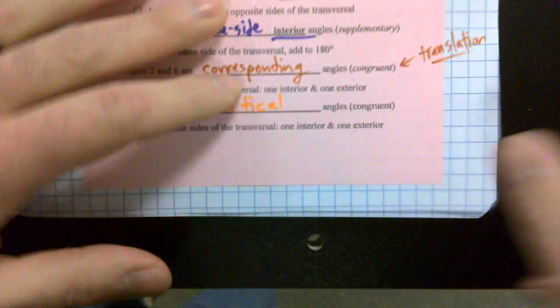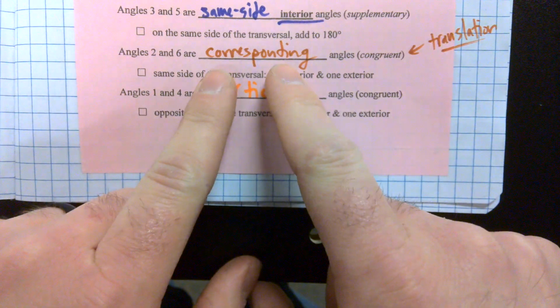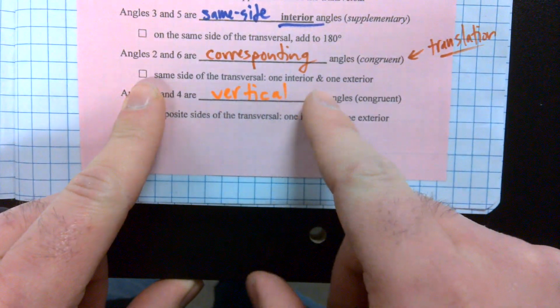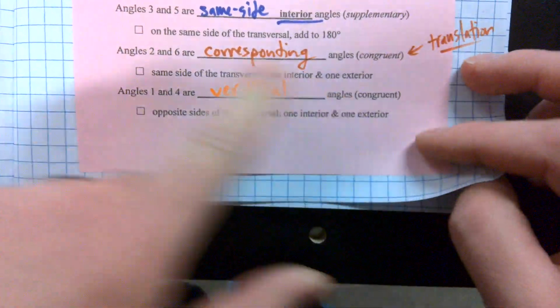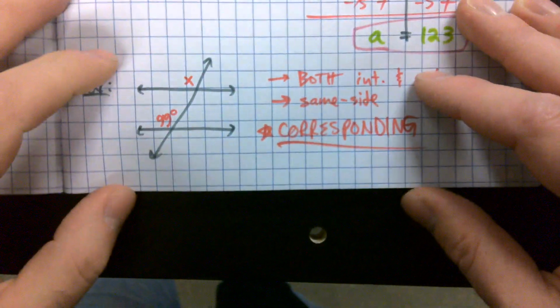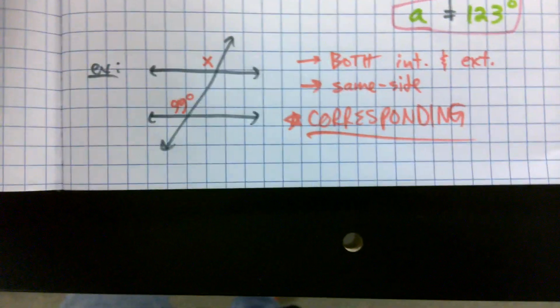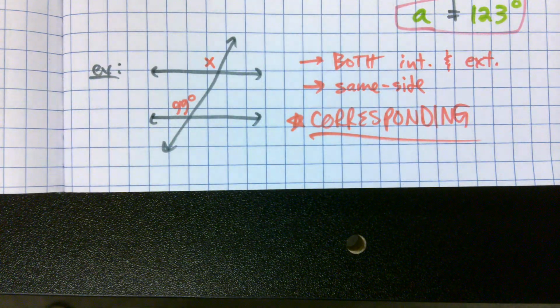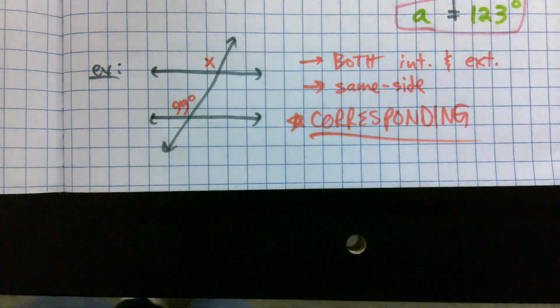We look back at our notes yesterday. Corresponding angles are on the same side of the transversal, one interior, one exterior. Everything you need to know is in your notebook right now. Are corresponding angles equal or supplementary? Equal. They're equal.